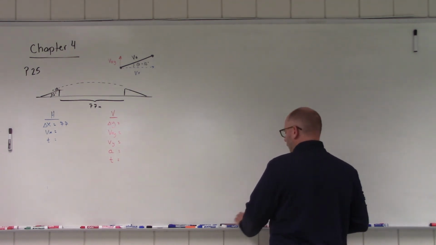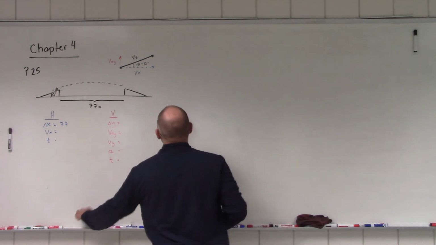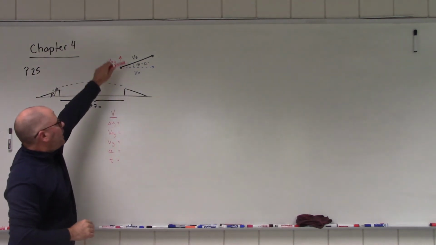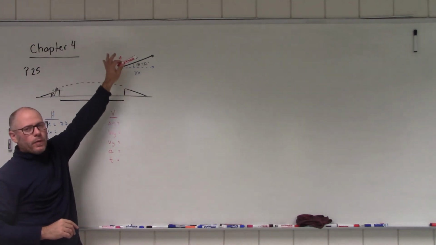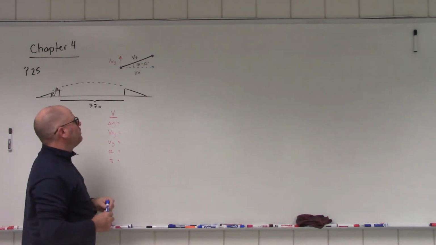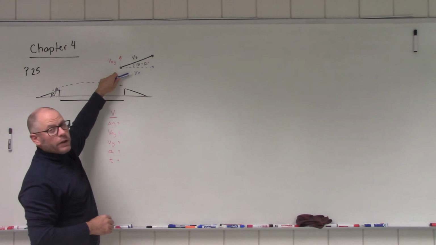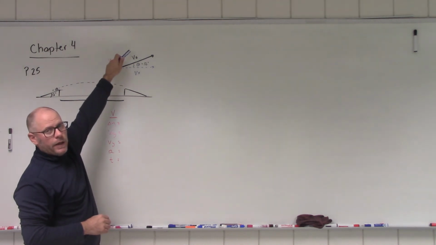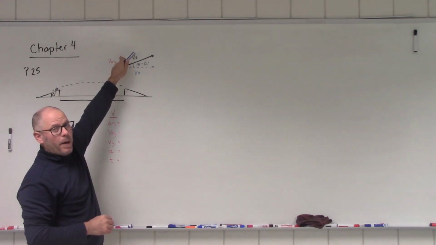So how do I relate these things at one time? Well, let's do the Vx first. Relative to this angle, the Vx is the adjacent side and the V0 is the hypotenuse.